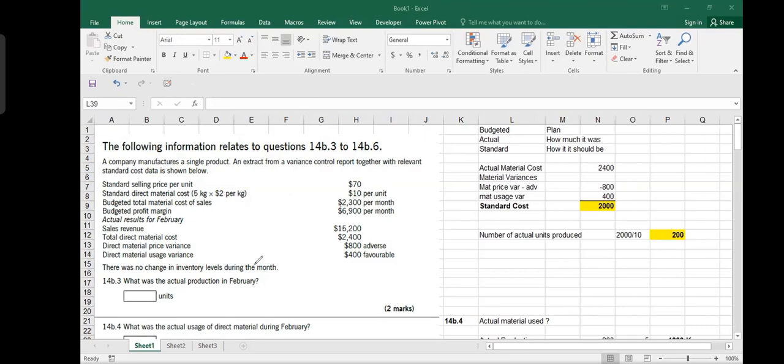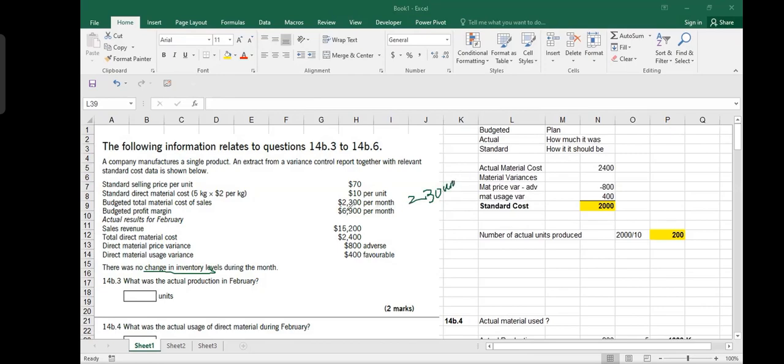We said that there is no change in inventory. It means all the material purchased will be used. So 2,300 divided by 10, you are actually planning to produce 230 units. Your plan is 230 units. This was your budgeted sales, okay?